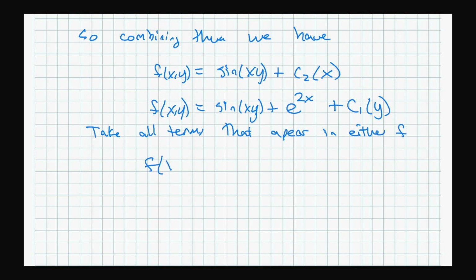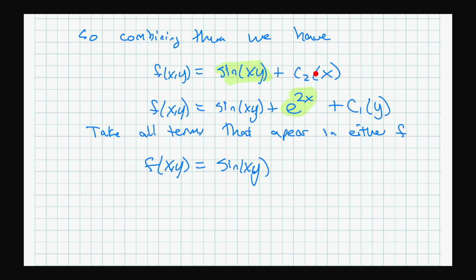So you would say f of xy is going to be, right? What you do is this. This has got a sine xy, so we need a sine xy. Also, we have an e to the 2x. This one has an e to the 2x, this one does not. But really it does. Because e to the 2x has only x's, it is actually part of this constant.